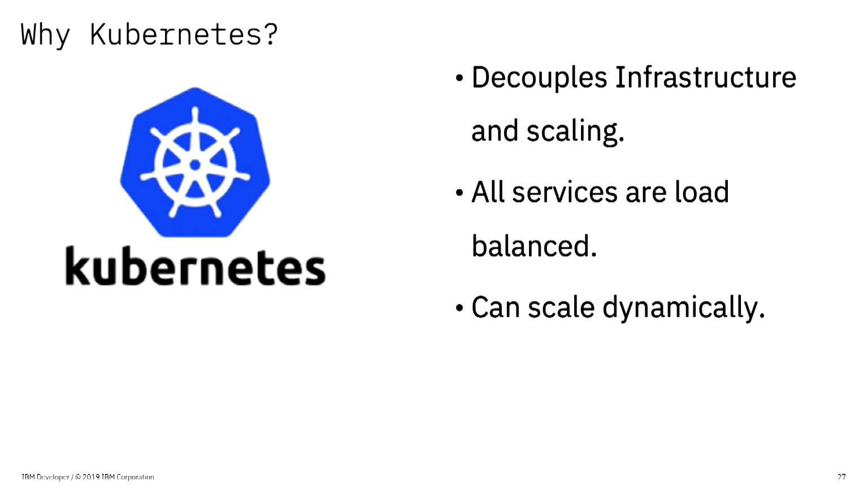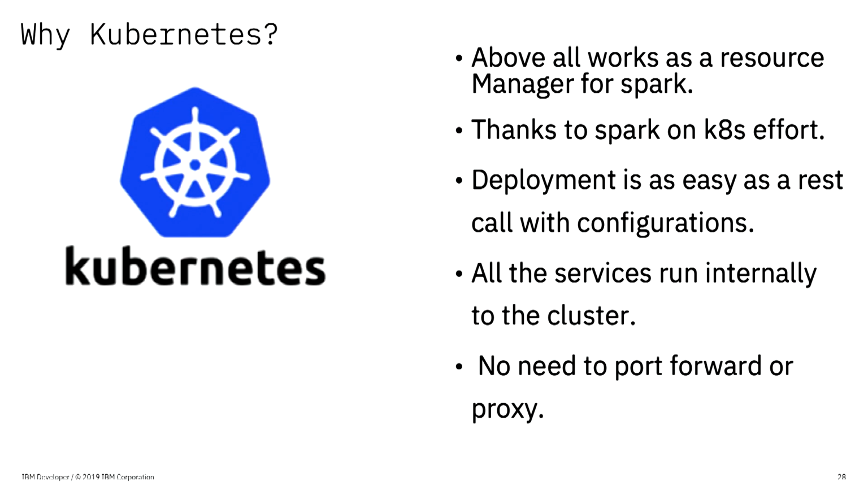It decouples infrastructure and scaling, and makes things easier for developers to deploy. Above all, for Spark, you can use Kubernetes as a resource manager. Thanks to the Spark on Kubernetes effort, it makes deployment very easy. Spark can more intelligently scale itself.